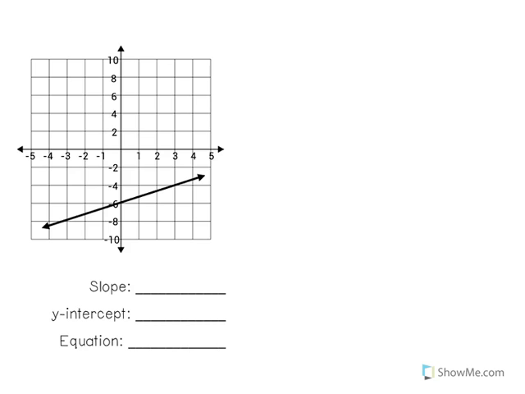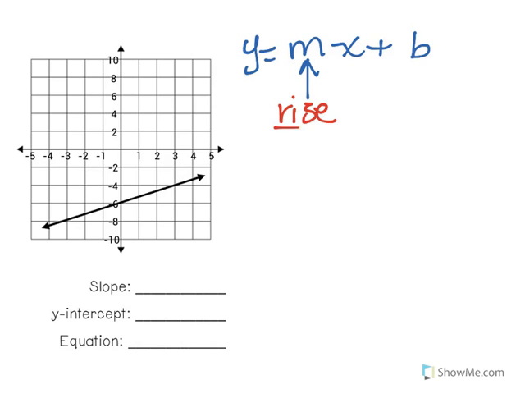Okay, this time I have a graph. So I need to find my slope first. And as we know, my slope-intercept form is y equals mx plus b. And my slope is my rise over my run. So when I look at my graph, I'm going to choose my perfect points.